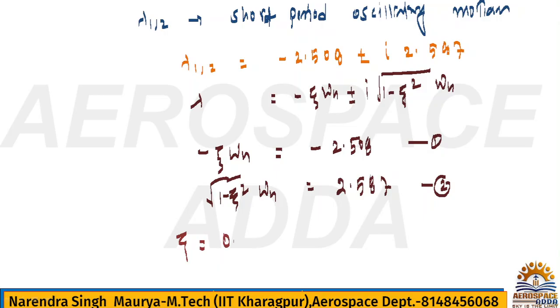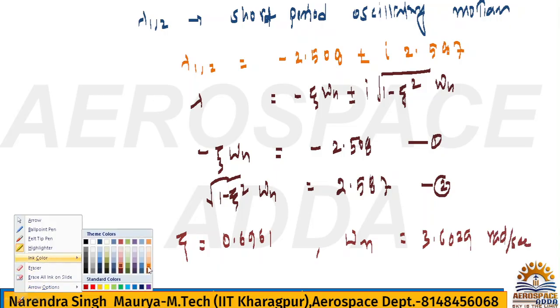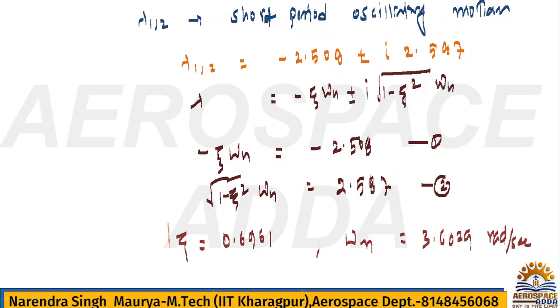First you calculate, and you will get 0.6961. Once you have the xi value, put it in either equation and you will get omega n, which is 3.6029 radian per second. I have calculated it, so I am giving it. It will take a little time, but you can do it.